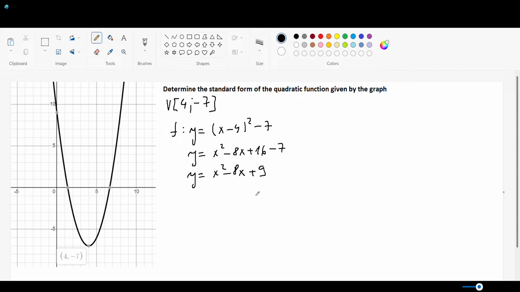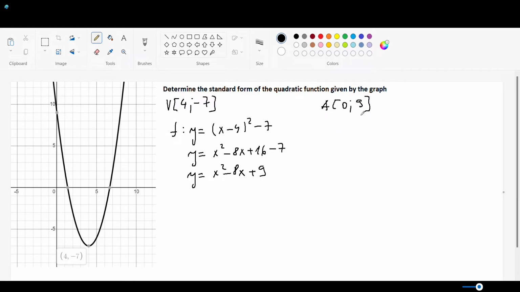The only thing I have to verify is that there is at least one point which is part of my function and fits this definition. The easiest way is to take this point, let's say point A, with coordinates 0 and, as you can see, 9.